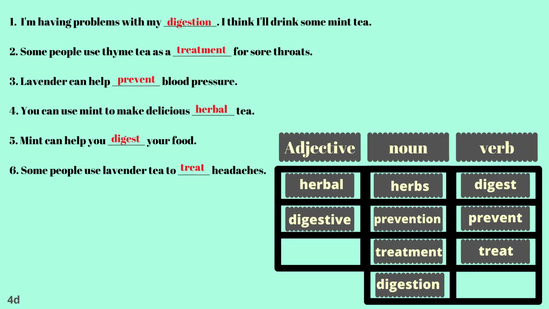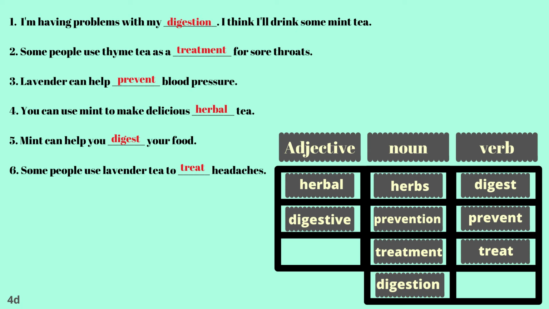All right, class, let's see how we did. We're going to start with the bottom part, where we're going to decide which words are adjectives, which are nouns, and which are verbs. So under the adjective column, you should have the word herbal and digestive. In the noun column, you should have the word herbs, prevention, treatment, and digestion.